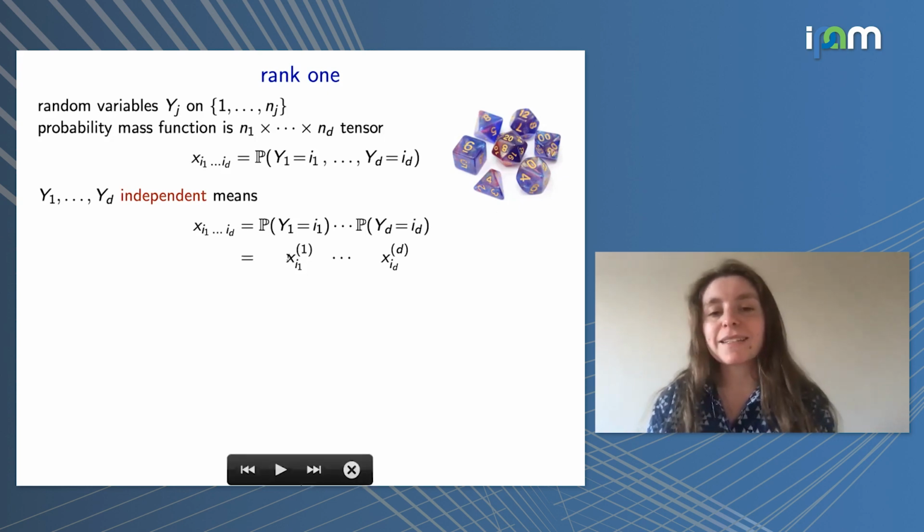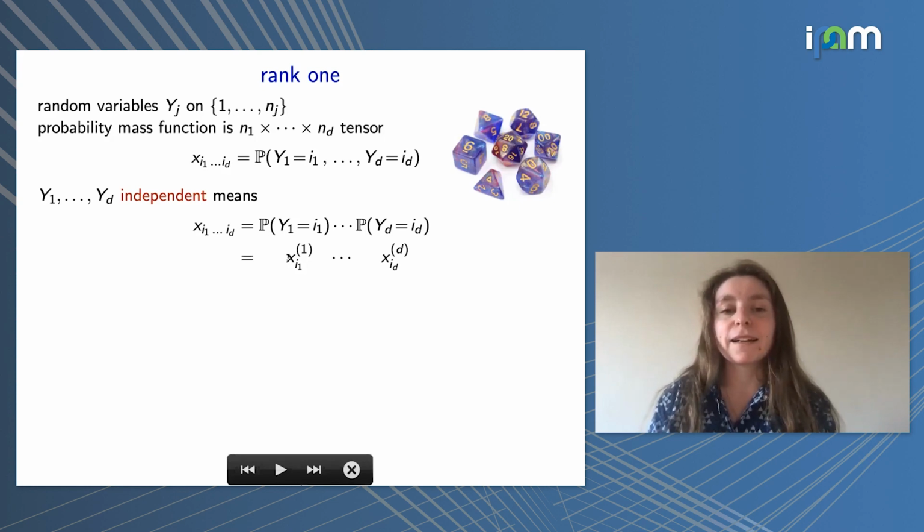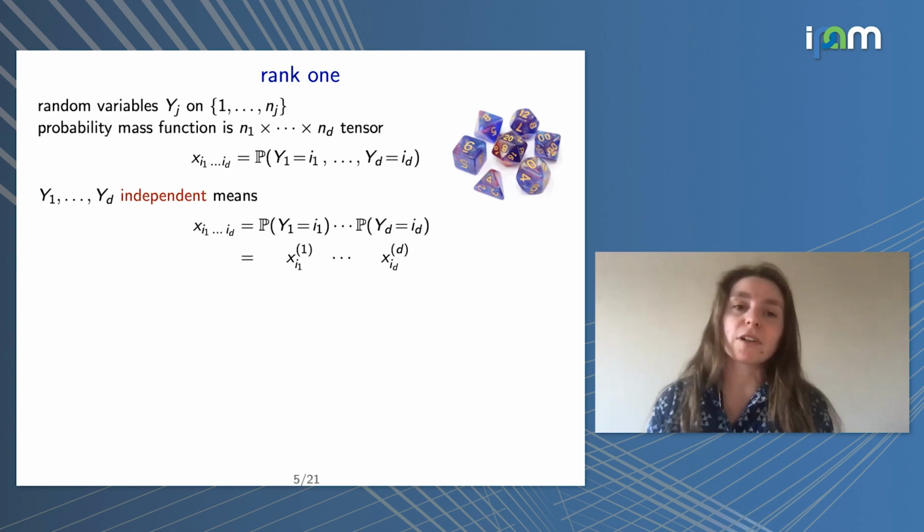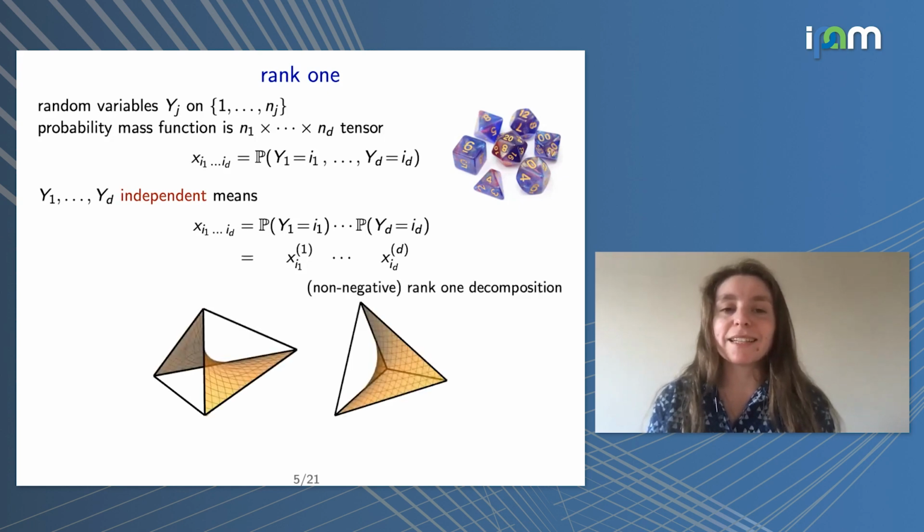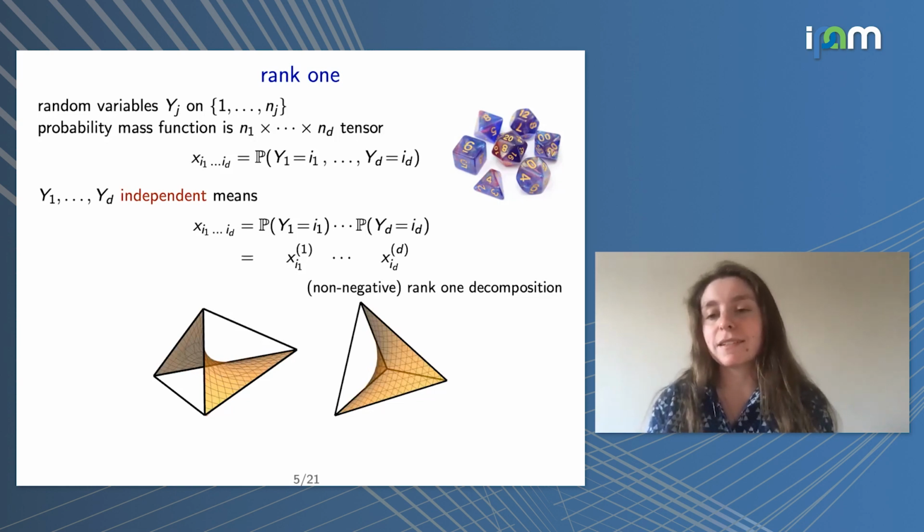Okay, and this means that the tensor x can be factored as an outer product of vectors, where each vector is the probability mass function of just a single one of our random variables. All right, and this factoring structure of a tensor is familiar to us. It's a rank 1 decomposition of the tensor.